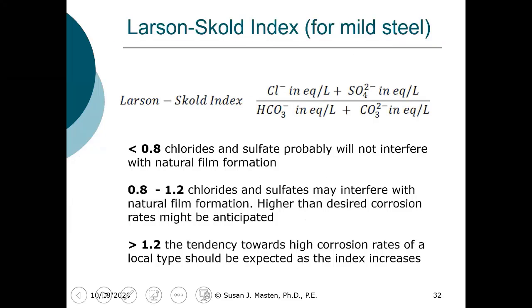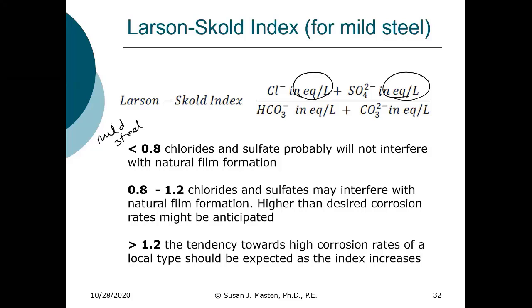And then the last index is the Larsen-Skold index, and this was created for mild steel. It, again, is not a perfect index, but it does provide us some indication. And this is the sum of the chloride and sulfate. Notice your units are equivalents per liter.